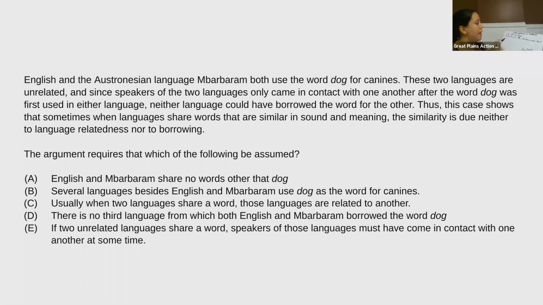All right. So if we look at our premises, we have the shared word. We're not questioning that part. So we have E and M are not related to each other. That's fine. And they did not borrow the word from each other. And then here we have the word is not borrowed from another language. So we're going from a specific instance of not borrowing here to a general claim about not borrowing, and that doesn't hold up.